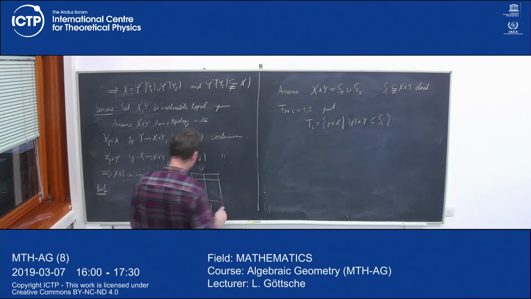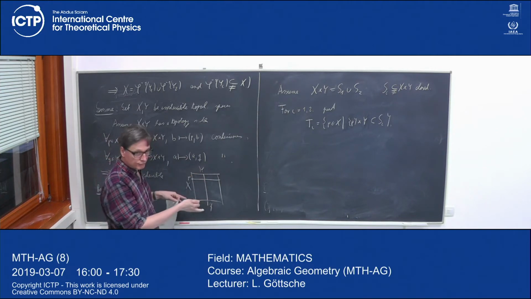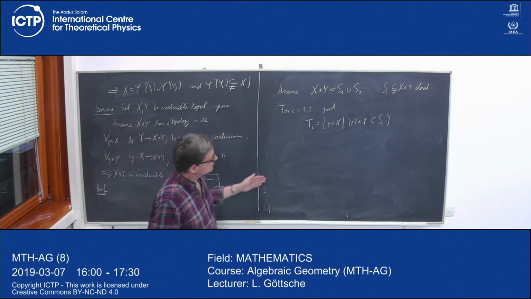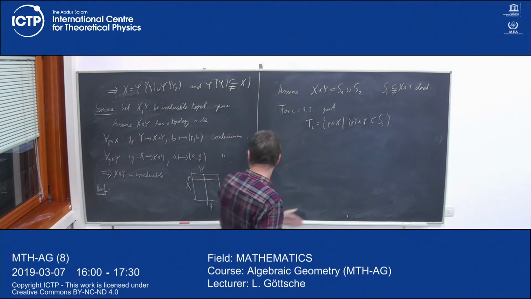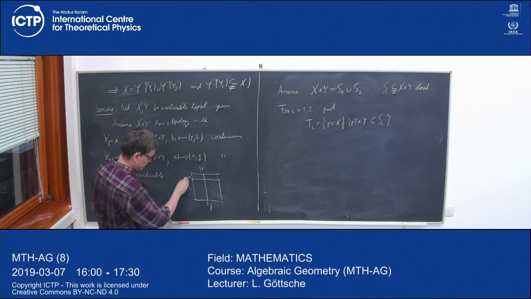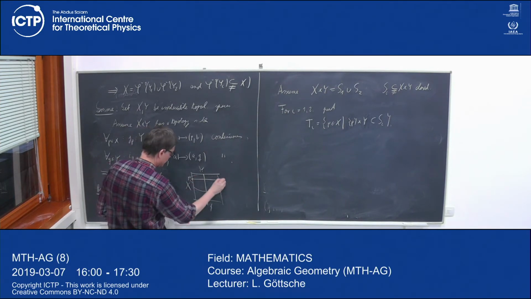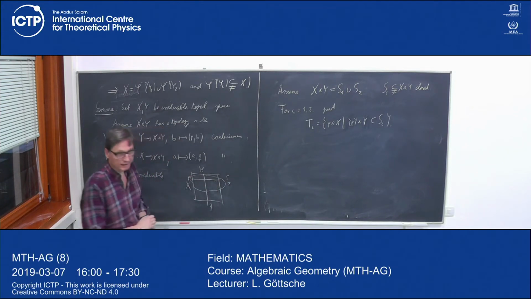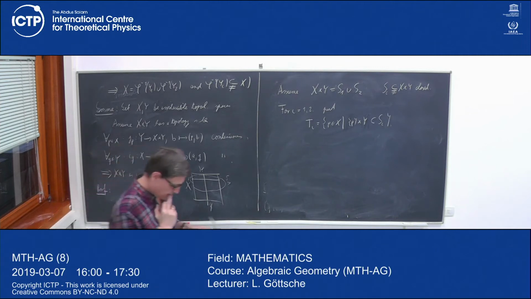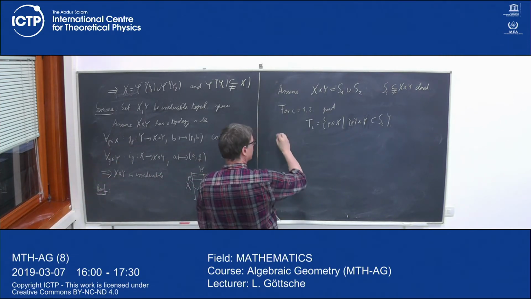So we have divided this into two pieces, this is S1 and the other one is S2, and then we want the whole fiber over P to lie in one of them.